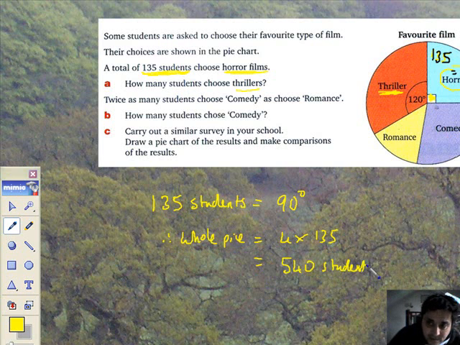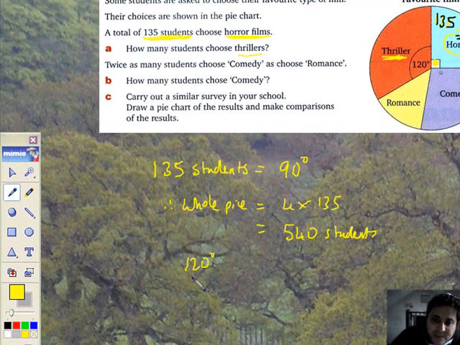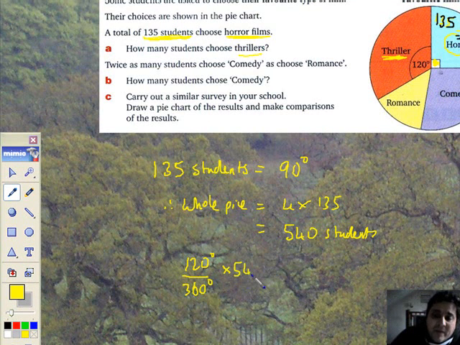Now that doesn't answer part A just yet. How many were thrillers? Well, it's 120 degrees out of 360 degrees. It's this fraction of 540 students. Alright? Now you can see that most people know anyway that 120 degrees is in fact a third of the whole pie, because 120 goes into 360 3 times.